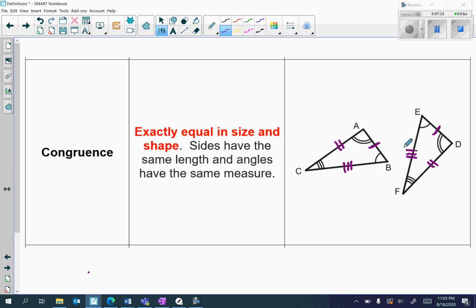All the sides are congruent. Then let's look at the angles. Angle B is congruent to angle E, angle A is congruent to angle D, and angle C is congruent to angle F. So anytime you see the word congruence, it's exactly equal in size and shape, sides have the same length, and angles have the same measure.